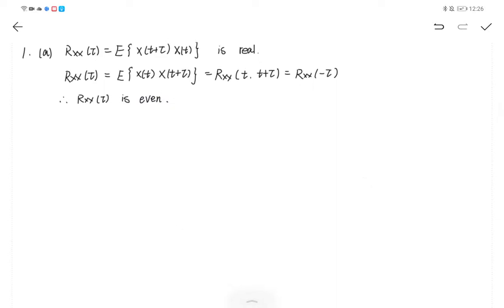And problem B, show that Sxx(omega) is even and non-negative.